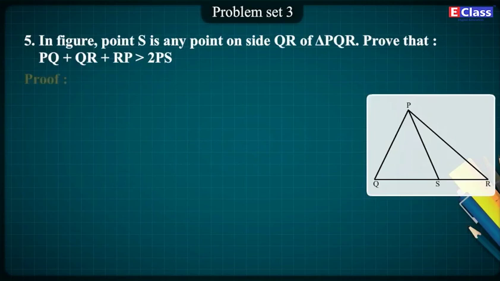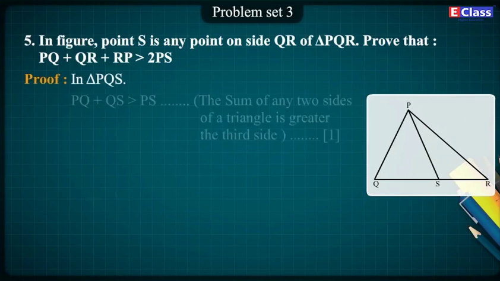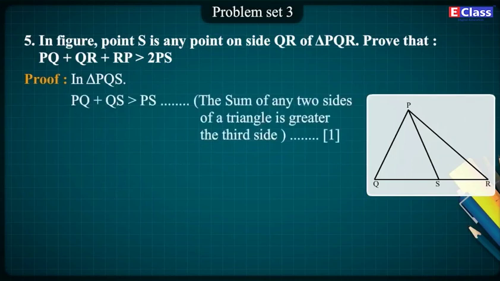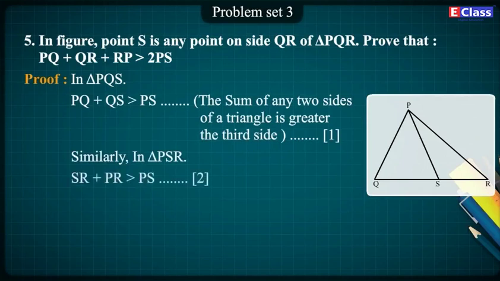In triangle PQS, PQ plus QS is greater than PS, as the sum of any two sides of a triangle is greater than the third side. Let us mark it as equation 1. Similarly, in triangle PSR, SR plus PR is greater than PS. Let us mark it as equation 2.